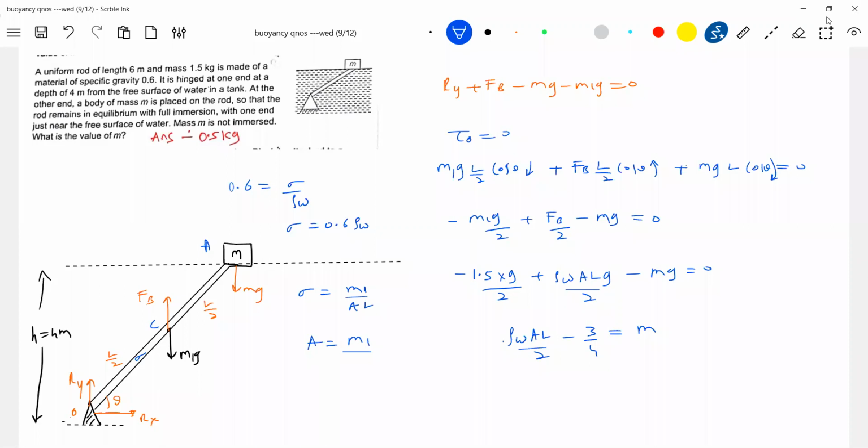You should write it as m1 by sigma L. You see that it will become very simple. Further, or directly AL you can replace, it's easier. Just some calculation, nothing. m1 by sigma. What is further? Sigma you can write as 0.6 rho W. m1 we know.